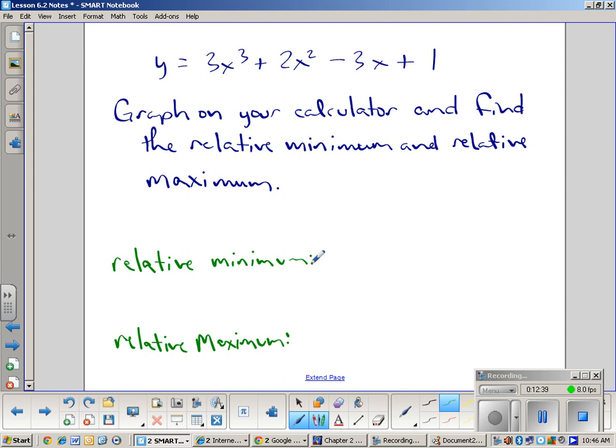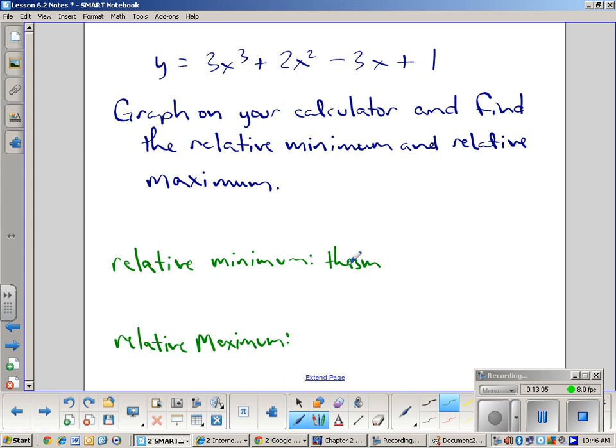A relative minimum means relative to all the points around it, it's the lowest, the smallest y value. The relative maximum means relative to all the points around it, it's the biggest value.